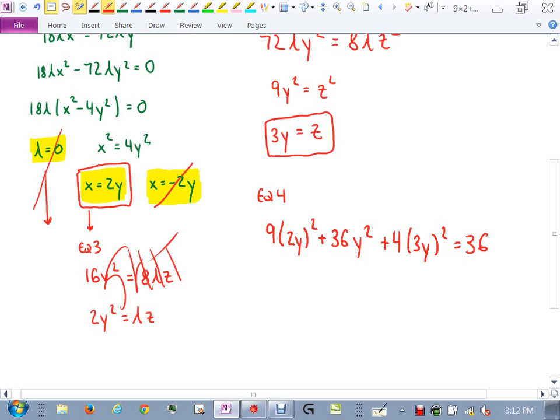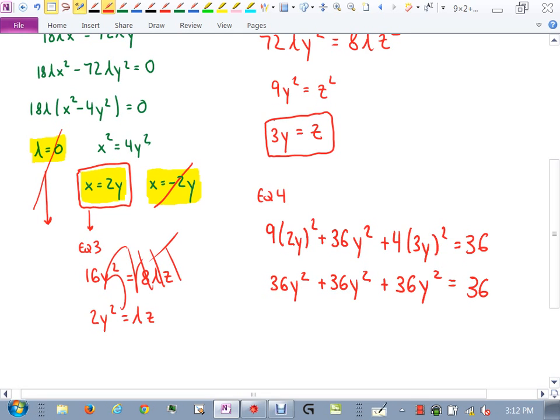So let's see here. What's this? 4y squared, plus 36y squared, plus 4 times 9y squared, so another 36y squared, equals 36. I'm going to divide everything by 36.